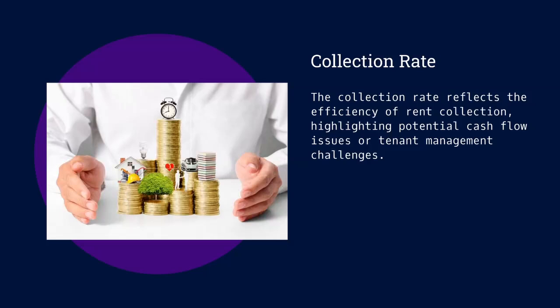So when you have a 100% collection rate, that means that your tenant is a stable person, has a steady job, can pay you every month, and that's great. When your collection rate starts to go down, that means that your tenant might not be a good tenant, or it could also be an indicator of turnover. Someone stops paying the rent, and two or three months after that you have to evict that person, or pay them a little bit to leave the property.